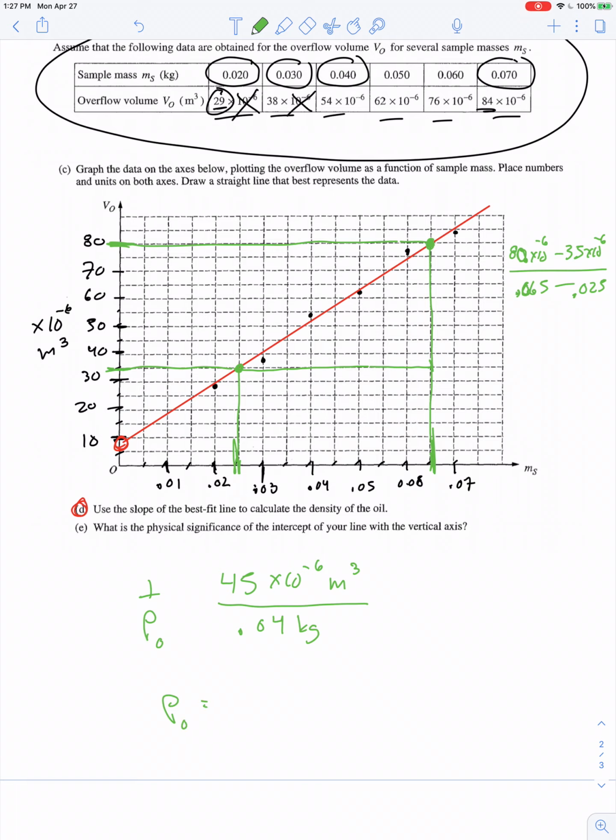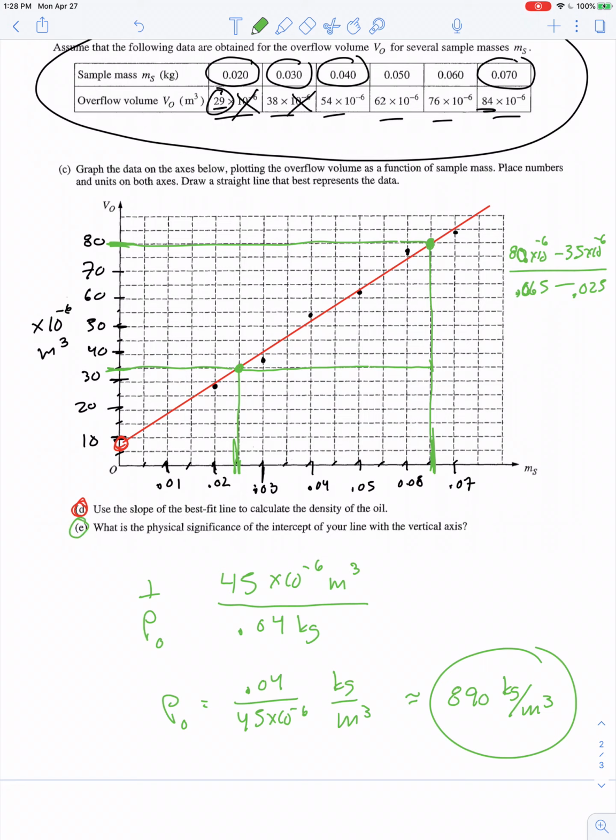So the oil density is equal to 0.04 divided by 45 times 10 to the negative 6th kilograms per cubic meter. You can grab a calculator and see what that comes out to. 0.04 divided by 45 times 10 to the negative 6th is equal to about 890 kilograms per cubic meter.